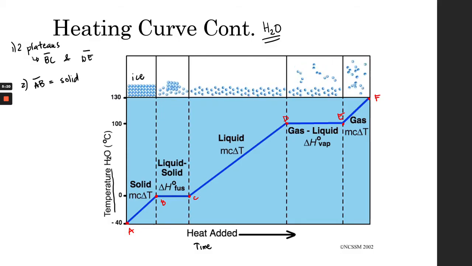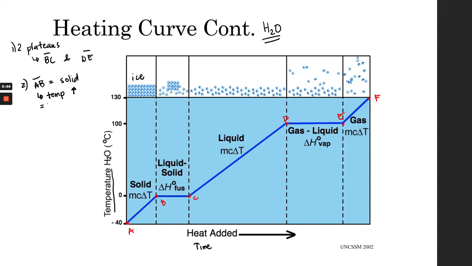What else is happening as we look at sections A and B? We are adding heat. I want you to imagine that as we add heat, the temperature increases. And we know that as temperature increases, the particles of the substance increase their kinetic energy.